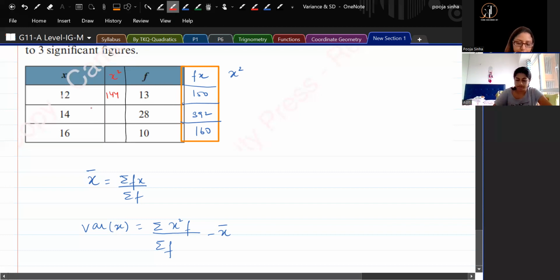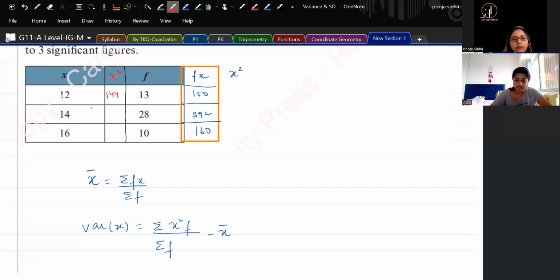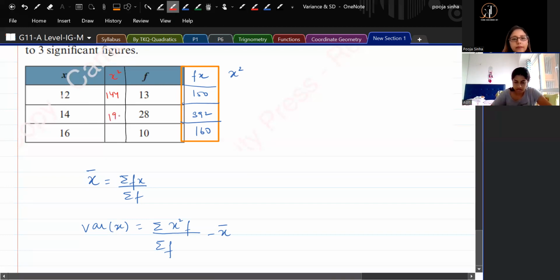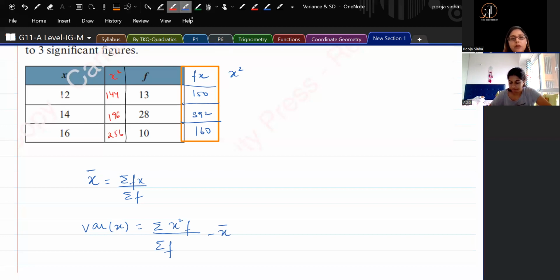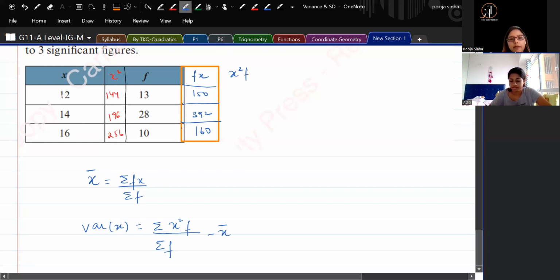Wait, give me a moment. 196. 16 square? 256. So x square f would be how much? x square f is 144 into 13, 196 into 28, and 256 into 10. 2560. 196 into 28 is how much? Just give me a moment, I'm putting the values in this.